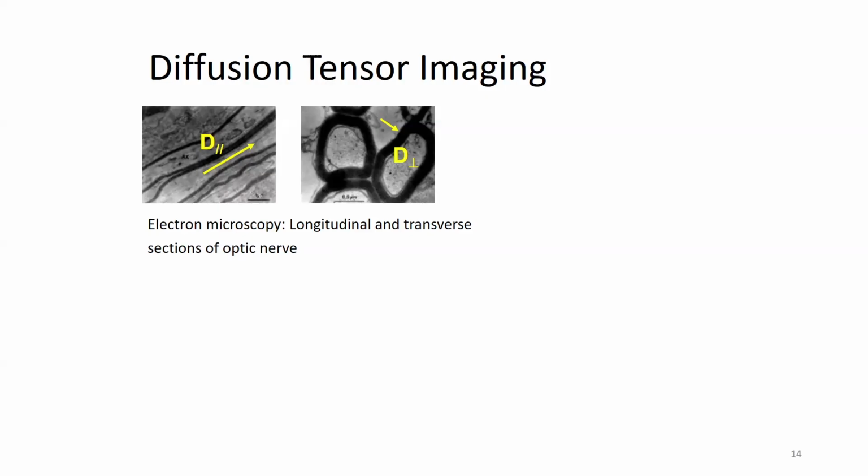So there's a lot of myelin around the axons here, and the diffusivity along, and we call it here axial diffusivity with this symbol, is easy along the nerve, and it's much more difficult, or the distance that the molecules can travel is much smaller when it's perpendicular to this nerve.